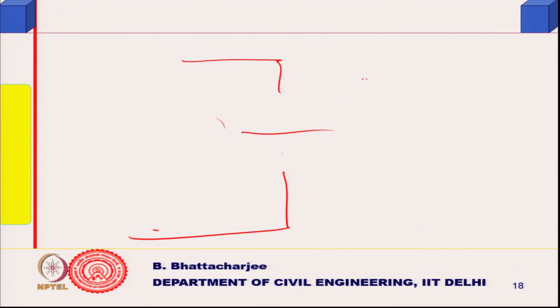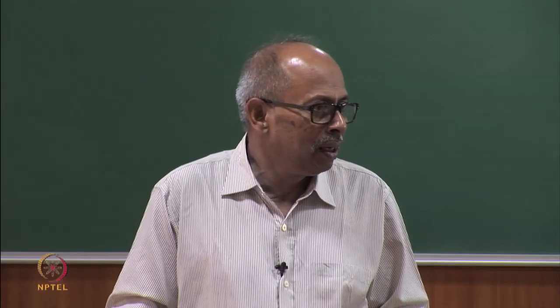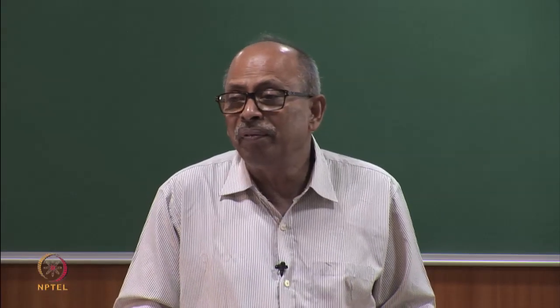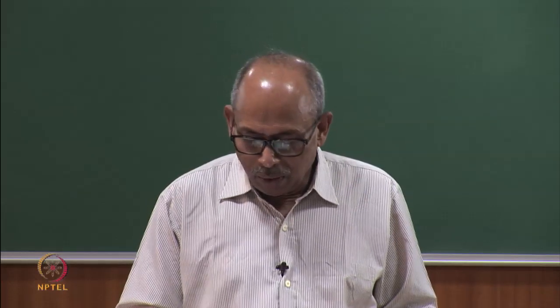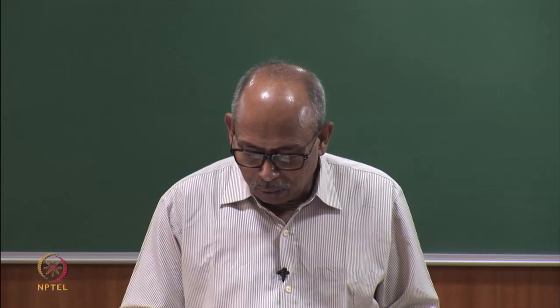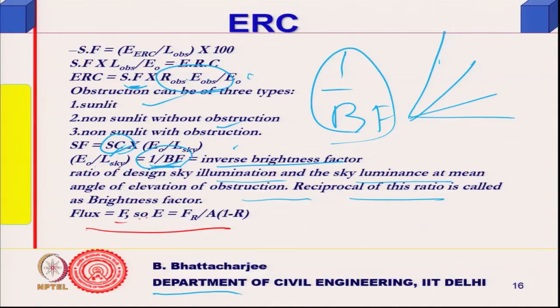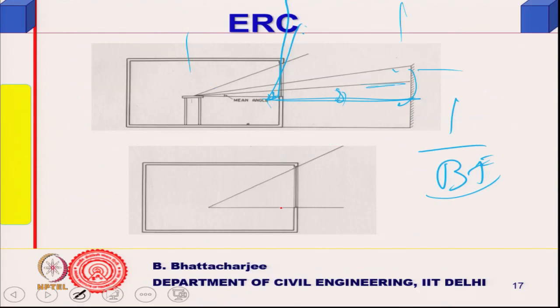So I said mid height, so I divide the flux into two parts, FCW and FW. What are CW and FW? Flux is F, and the principle I apply is first reflected flux divided by this, the integrating sphere principle.